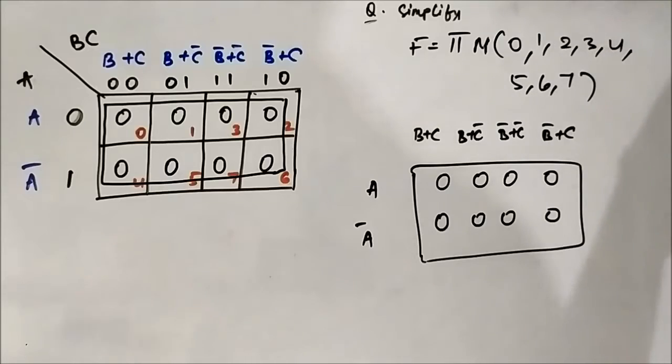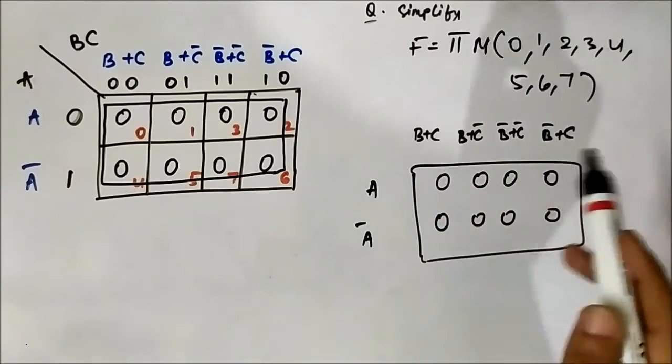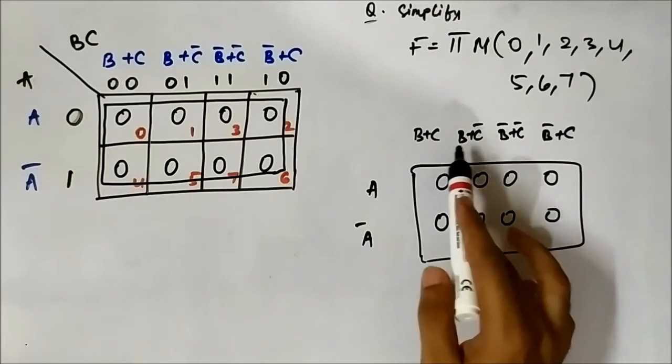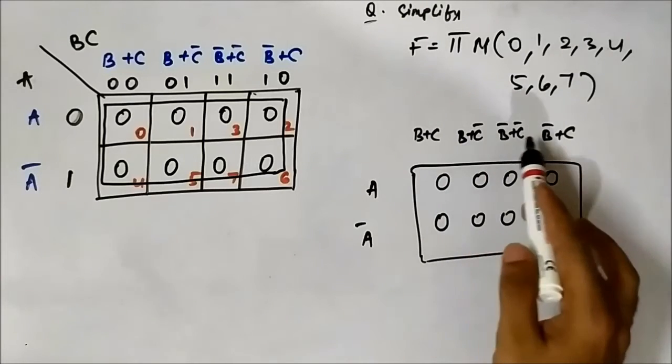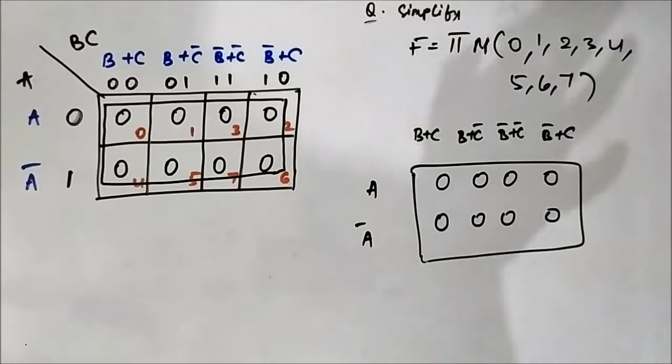They are all different. In the horizontal side there is A and A bar, it is changing. In the vertical side we have B or C bar. Up to this point B is common. Again after this B bar is changing, then in these two C bar is common, then again it is changing to C. So one variable is not common in all of the marked cells.